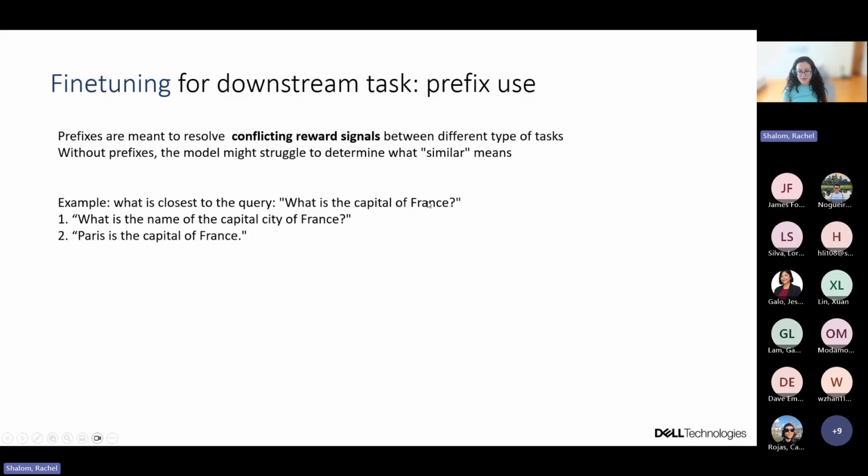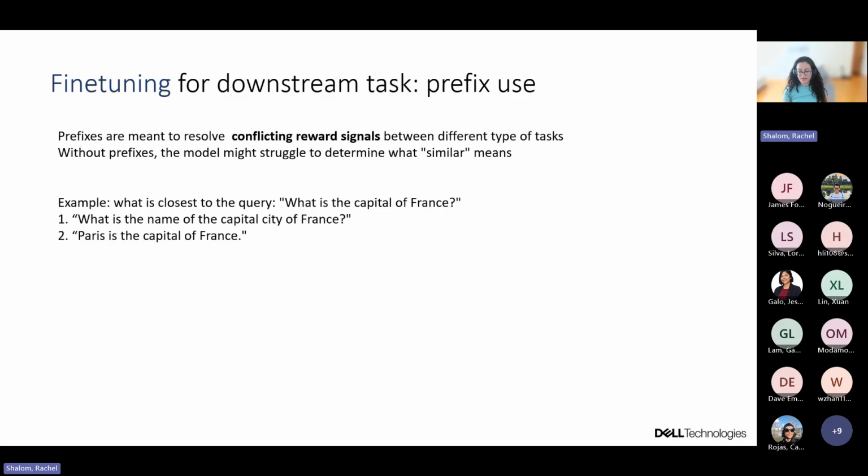What is closer in meaning to the question, number one or number two? Number one is just a different version of it, and number two is the answer. If I want to know what is closer, I would say it depends on the task.